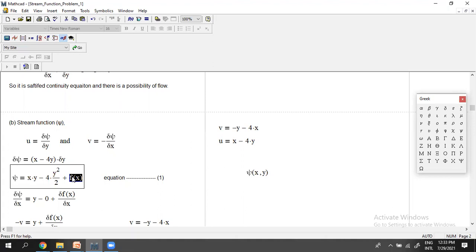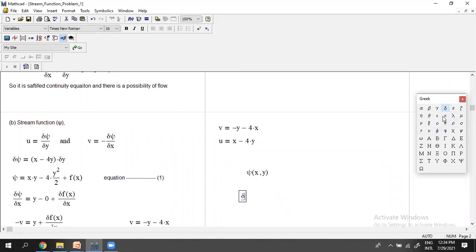If it's constant, then the derivative with respect to x and y is always 0 for a constant, right? But what I'm saying is it might be a function f of x. We don't know, because we make the derivative of this line.